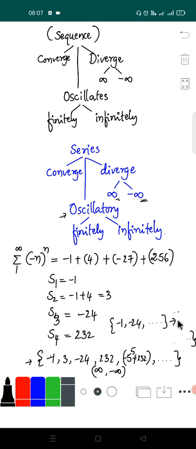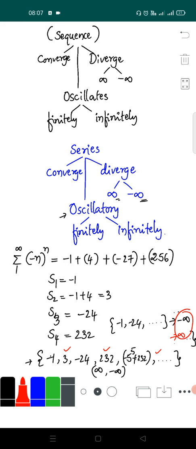All of these reach negative infinity. If you take the positive terms, that means the even terms, 3 and 232, and the next terms, all of these reach positive infinity. So we can say that this sequence oscillates infinitely. Okay, so all the examples are covered here.